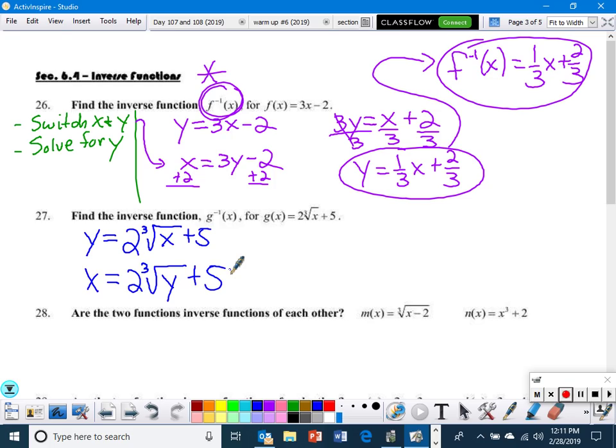So the first thing I'm going to do is subtract 5. Whoops. Subtract 5. Okay, so I'm going to rewrite this. Okay, I'm going to flip-flop here. So I'm going to rewrite this as, okay. Next step, divide by 2.